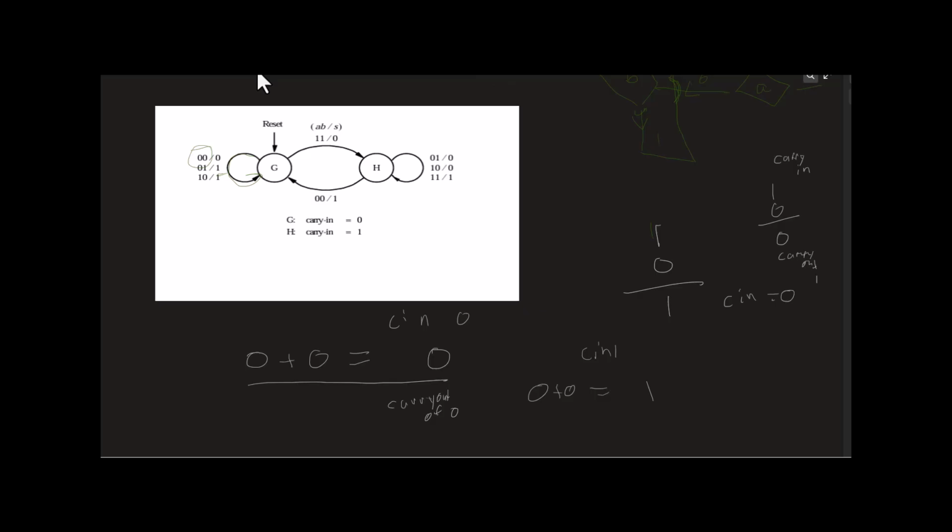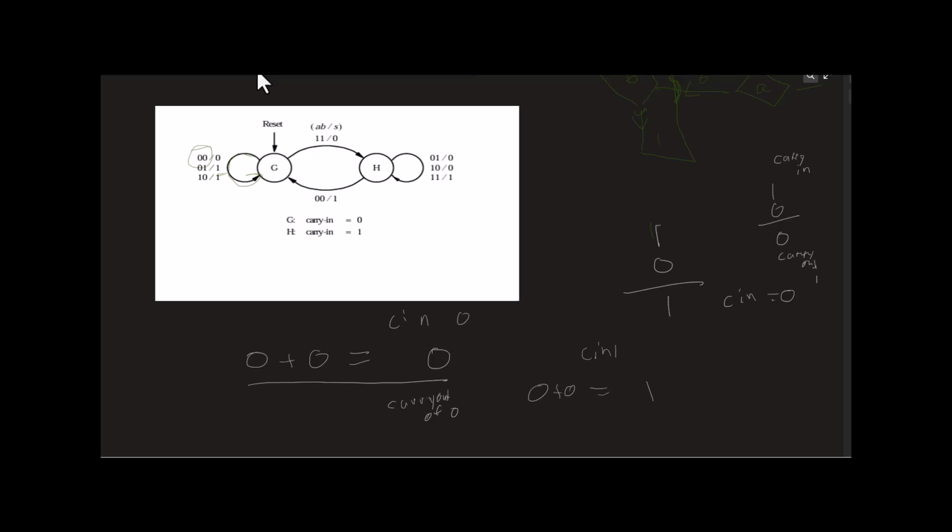Is the output basically what it equals at the bottom, and is it just explaining how it got 0 and 1 with the carry-in for G and H? Yes. So you don't really need it for the ASM? No, you don't need it at all for the ASM chart. Okay, that makes sense. It's just adding A and B together, essentially.